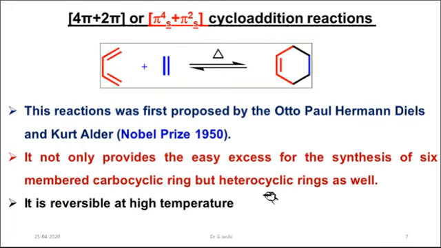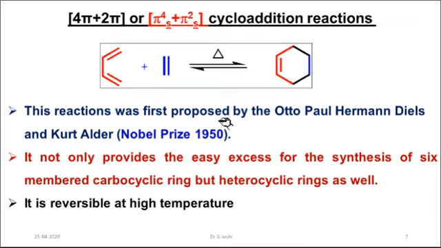Let us start the 4 plus 2 cycloaddition. In 4 plus 2 cycloaddition, it is also referred to as pi 4s plus pi 2s. It means a 4 pi system and a 2 pi system are mixing together to give a 6-membered ring via a supra manner.